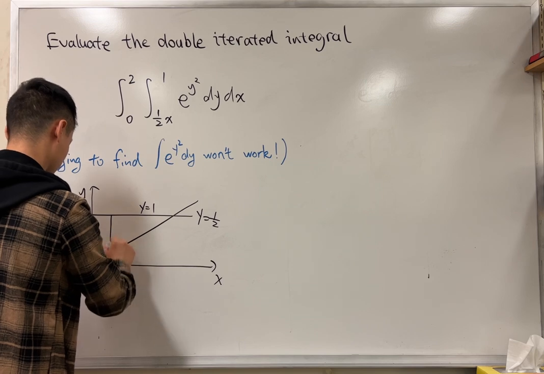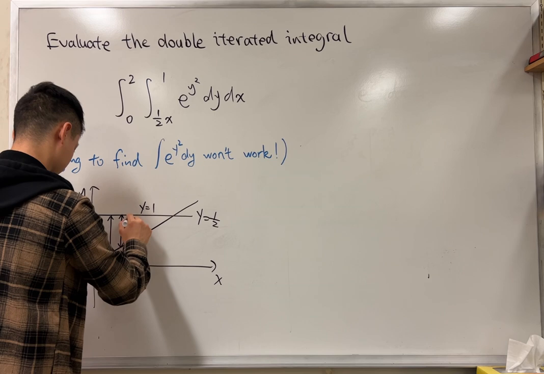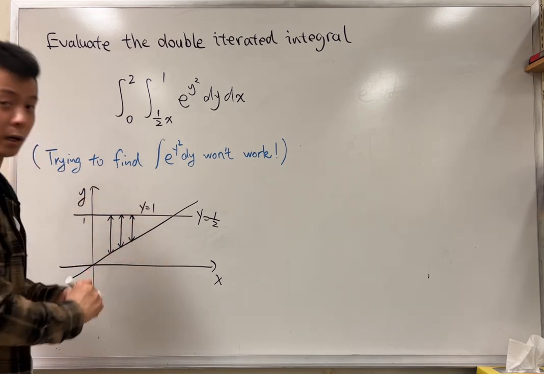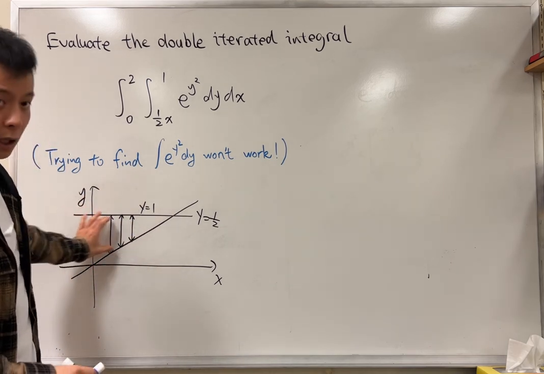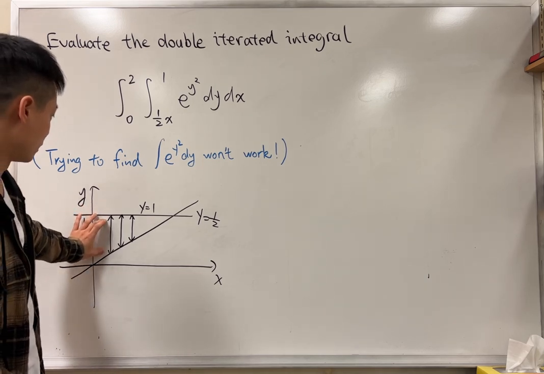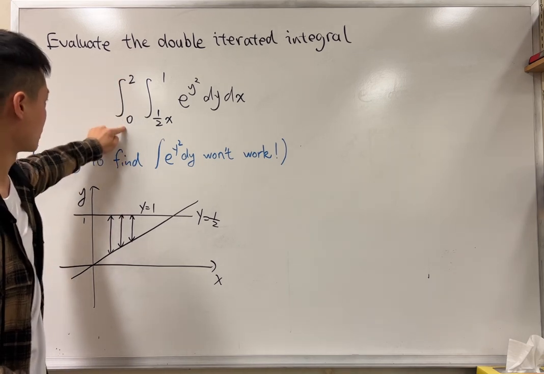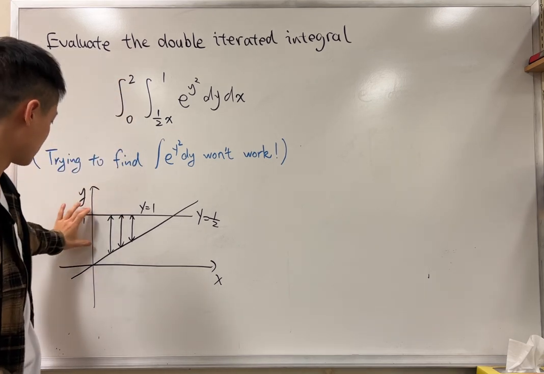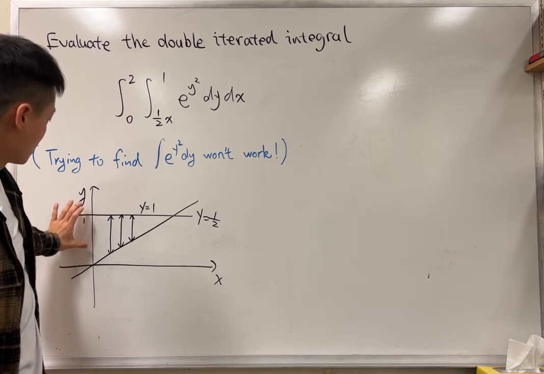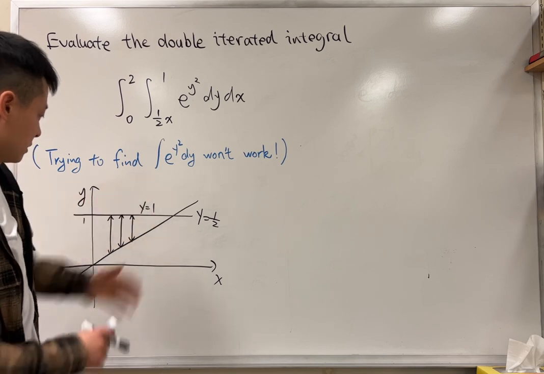So we're going to have a bunch of these vertical strips of flexible length. They range, as you can see from the bounds of the outside integral, from 0 to 2. x equal to 0 is essentially the y-axis, and x equal to 2 is somewhere we need to find.